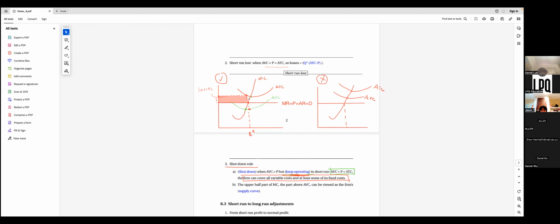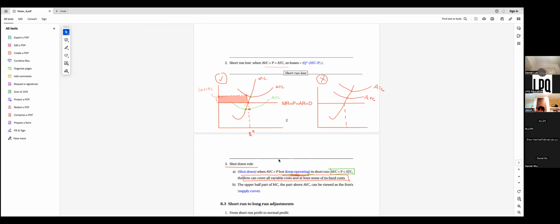And what is the vertical distance between ATC and AVC? What kind of thing is represented by this part?